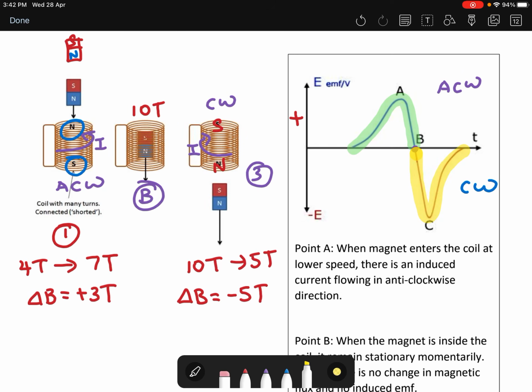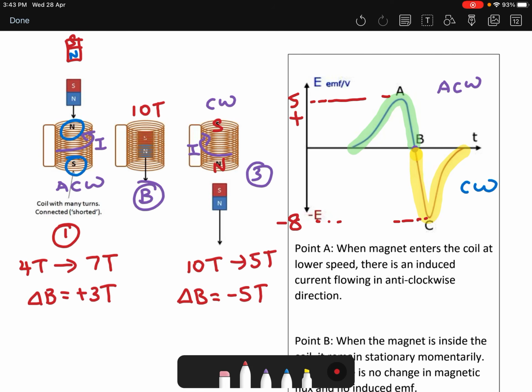Notice one more thing: your EMF at point A is lower than at point C in terms of magnitude, because the induced EMF here is maybe 5 volts, and here maybe negative 8. So the magnitude of your induced EMF is greater at point C.